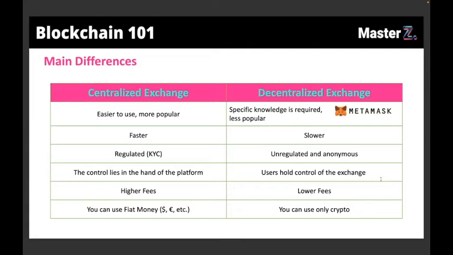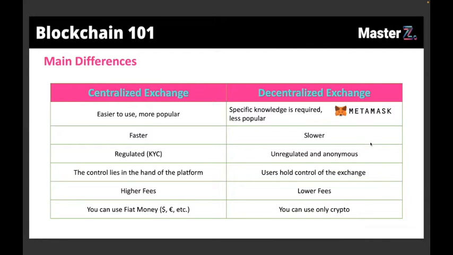On the other hand, if you want to use a decentralized exchange, you need to study a little bit first. So some specific knowledge is required, and this makes them less popular. If I'm not wrong, 95% of the volume of trading cryptocurrencies is made on centralized exchanges and only 5% on decentralized exchanges.